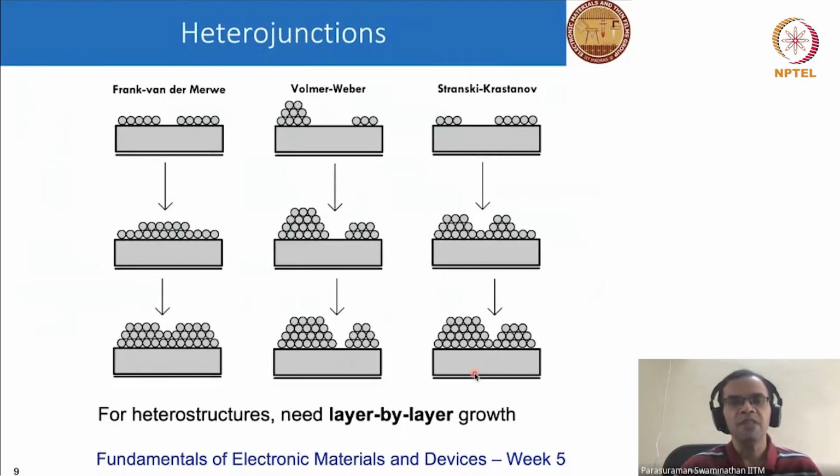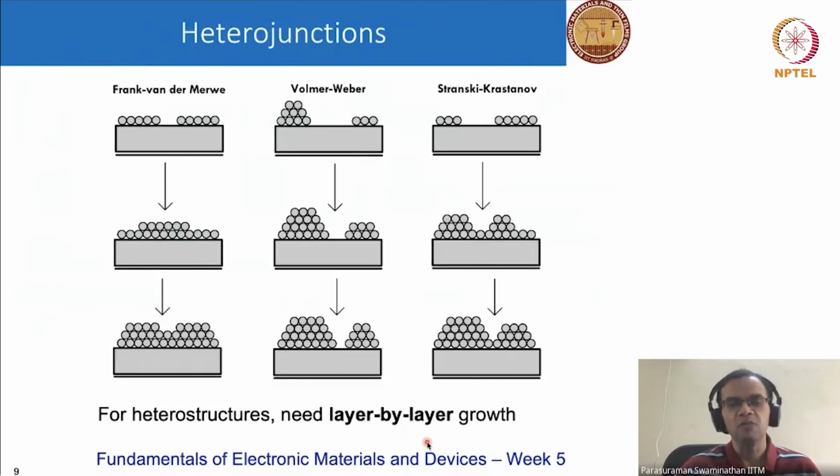So far we have seen PN junctions where both the P and the N regions are made of the same material. We call these homojunctions. We can also have PN junctions where the P and N materials are different. These are called heterojunctions, and there are different ways in which heterojunctions can be grown, but normally we need layer by layer growth.